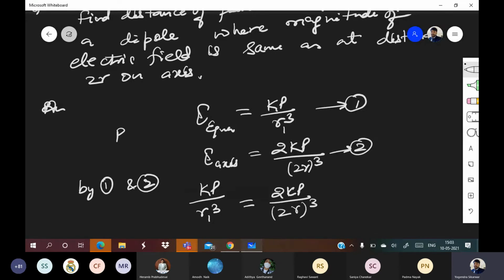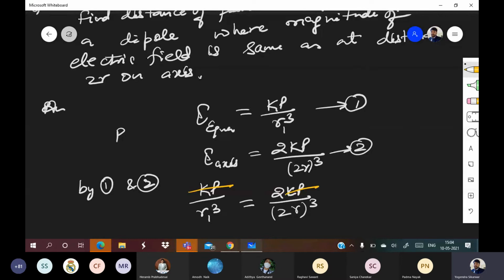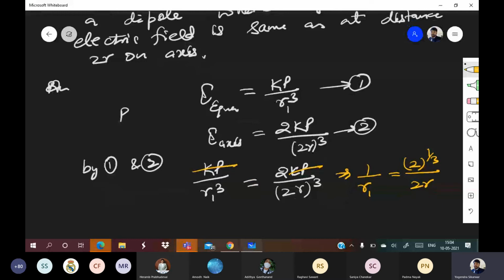Now we are going to take cube root. This time we have taken cube root. So 1 by R1 is equal to 2 to the power 1 by 3 upon 2R. Now R1 comes out to be 2R upon 2 to the power 1 by 3.